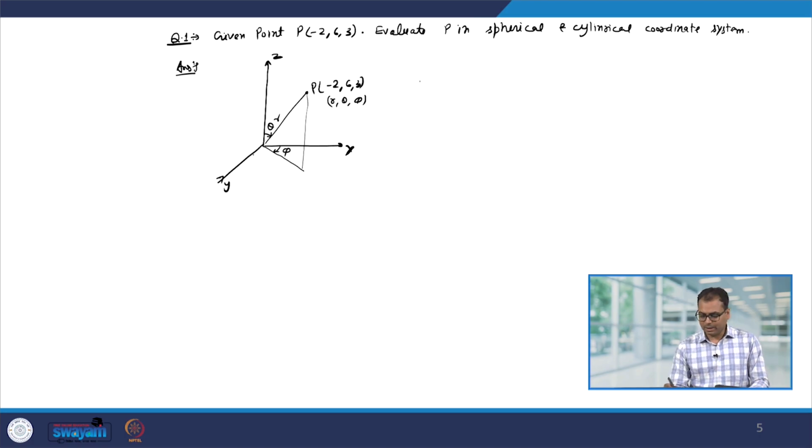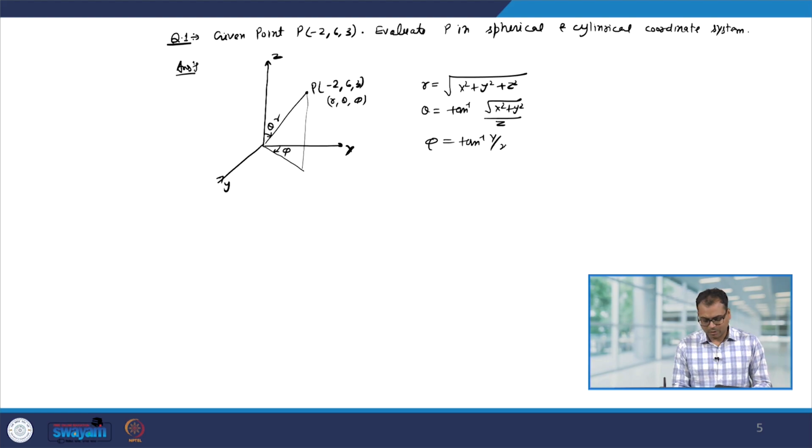So, from the geometry you can see that r is square root x square plus y square plus z square, theta is tan inverse square root x square plus y square over z, and phi is tan inverse y over x.